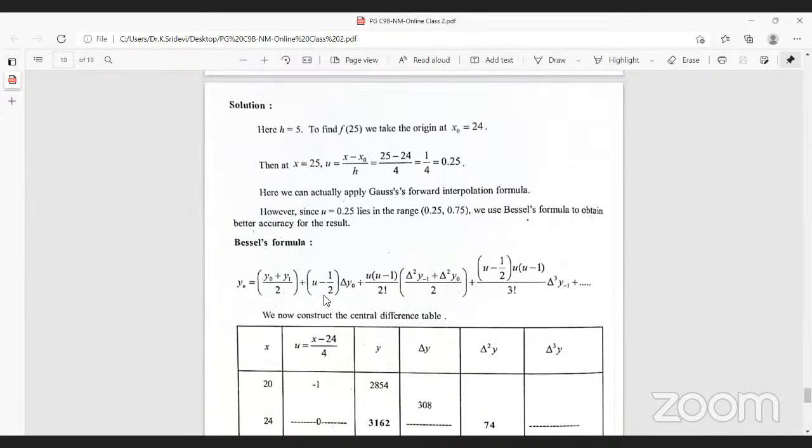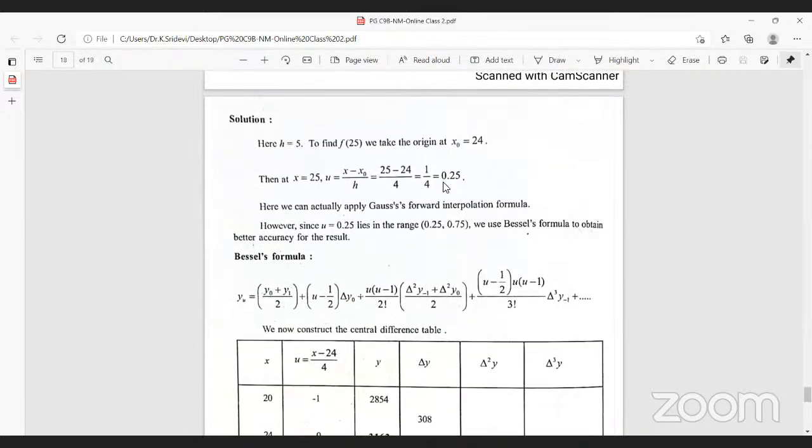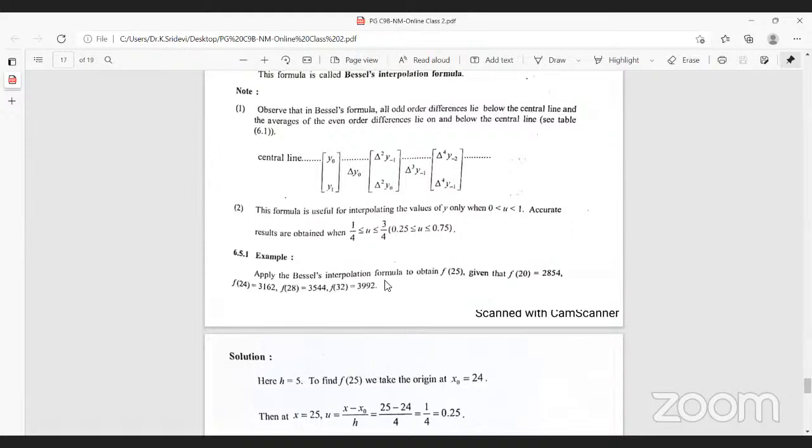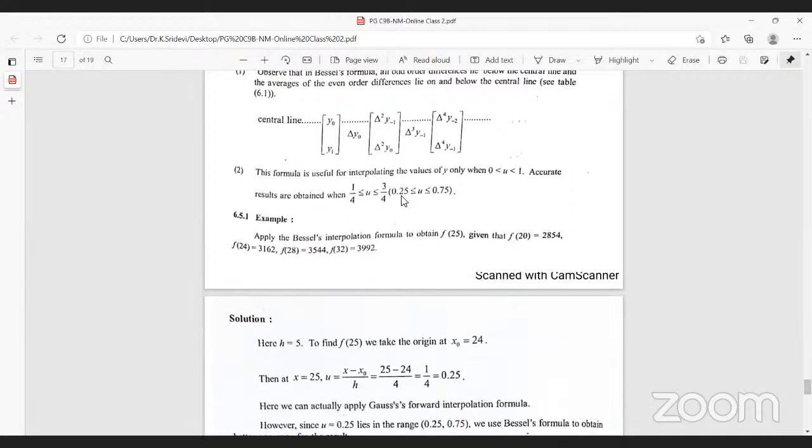What is the u value from this one? 0.25. So 0.25 lies between 0 and 1. Here also we can use Gauss's forward difference formula. But 0.25 satisfies this condition: u lies between 0.25 and 0.75, and u is equal to 0.25 or 0.75.